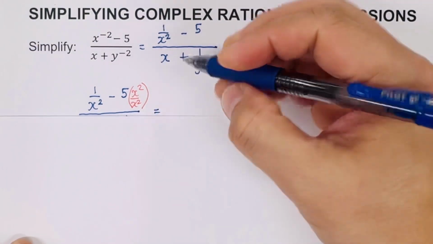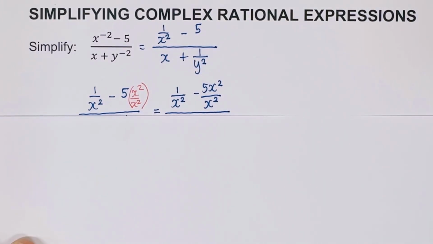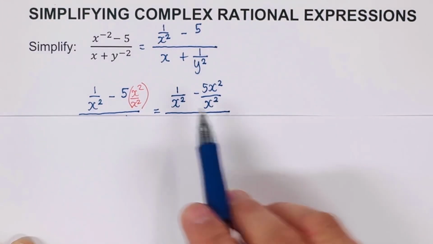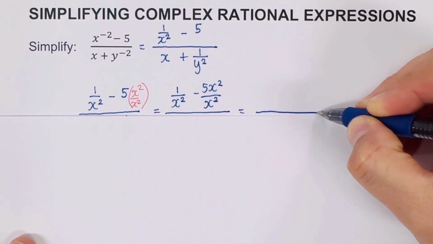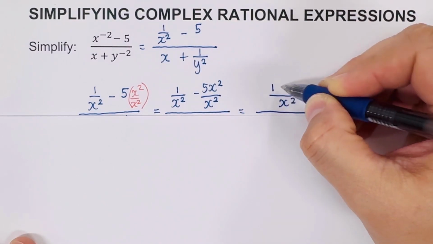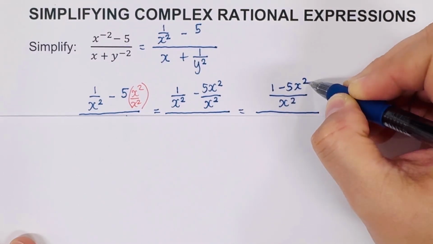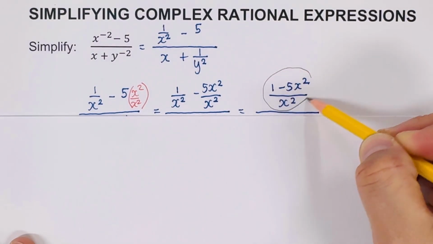So that this would come out. If you notice, their denominators are already the same, which is x squared. So I can go ahead and collect their common denominators down here. So that is x squared, and that's 1 minus 5x squared. This is the simplified version of the numerator.